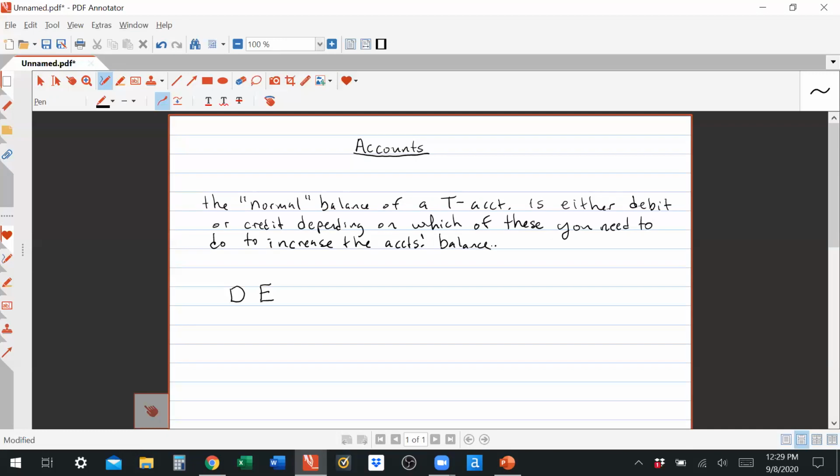At the end of the period, they should have a debit balance. And so to remember which accounts have normal debit balances and which accounts have normal credit balances, which means another way to say that is for which accounts, when you debit them, does that increase their balance? And for which accounts, when you credit them, does that increase their balance? You can use this acronym, DEALER.